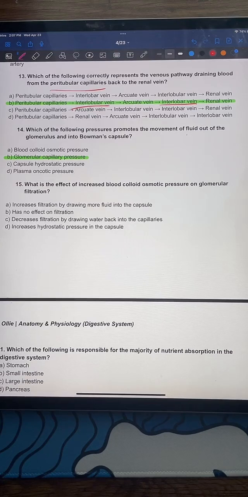The glomerular capillary pressure is the blood pressure inside the capillaries of the glomerulus. It is the primary force that promotes movement of fluid into the Bowman's capsule. This pressure is essential for the filtration process. It does overcome osmotic pressure and hydrostatic pressure in the capsule.